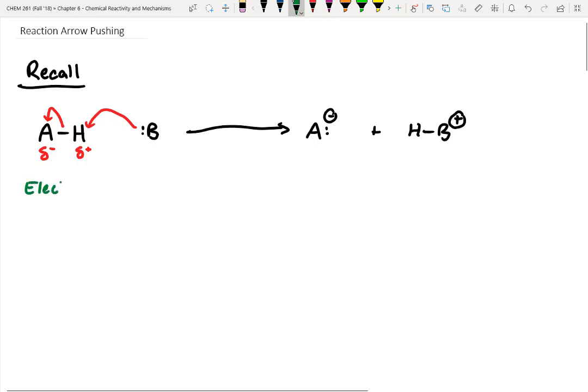One is electrophile. An electrophile is something that wants electrons, and it has a delta positive, which is why it wants electrons, or an empty p orbital.